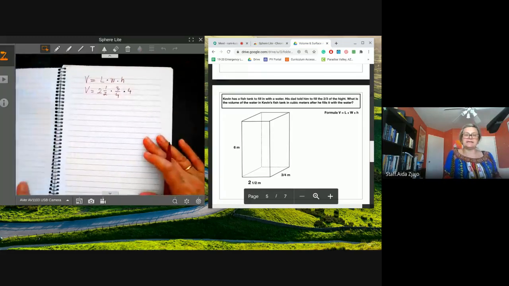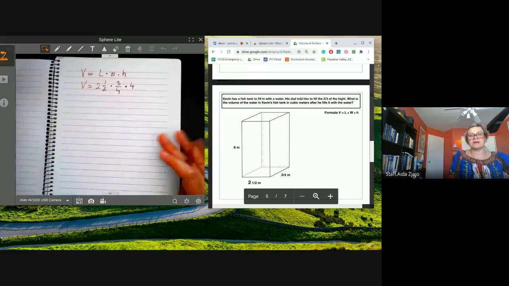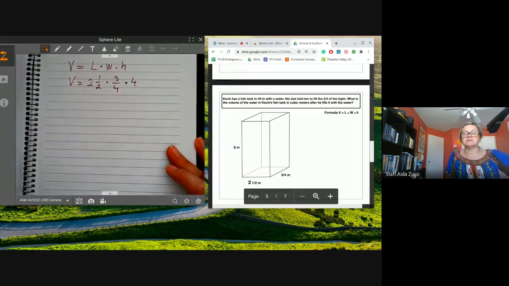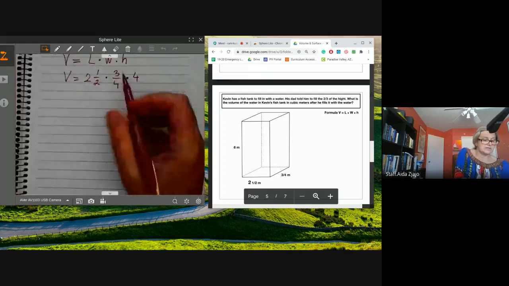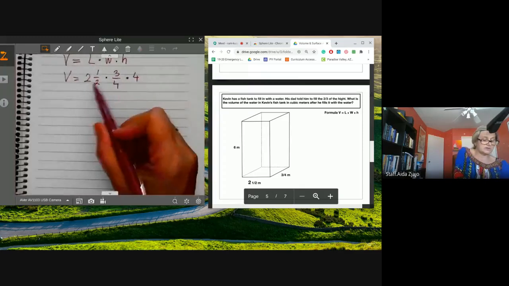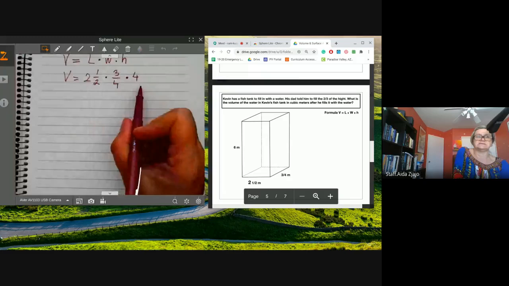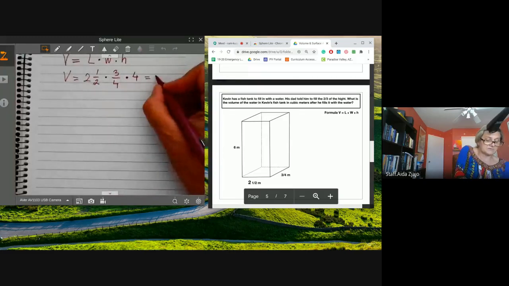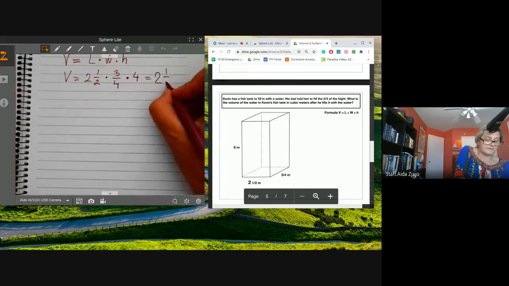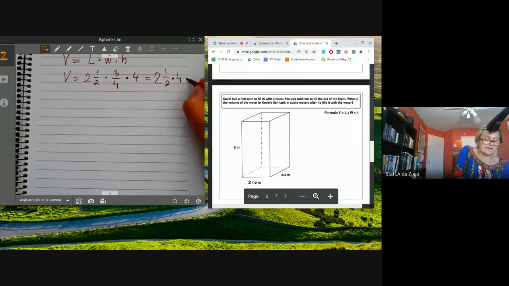That's what we decided. So when we look there, you can use the commutative property. I would really like to switch these around. So I'm going to do 2.5 times 4 first, because I can do that. And then I will do last times 3/4.